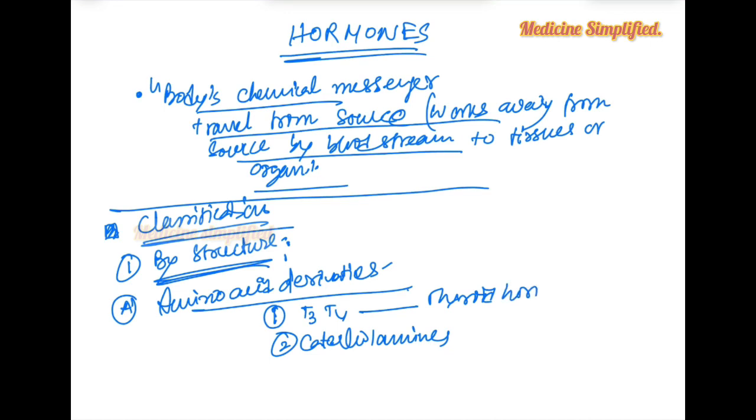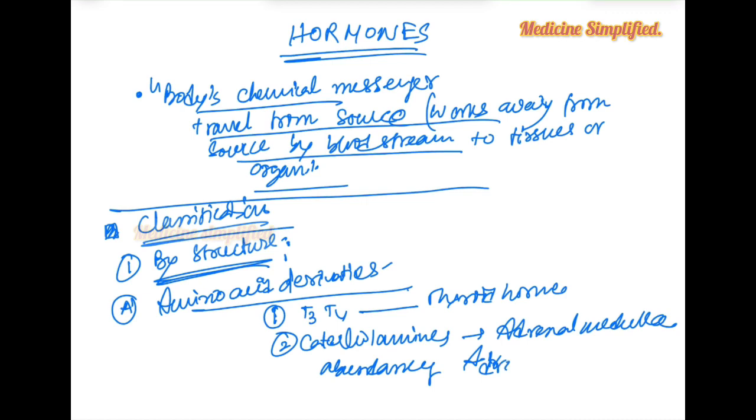Amino acid derivative, number one is tyrosine. From tyrosine, which hormones are synthesized? T3 and T4, the thyroid hormones, and catecholamines, which are produced in the adrenal medulla.